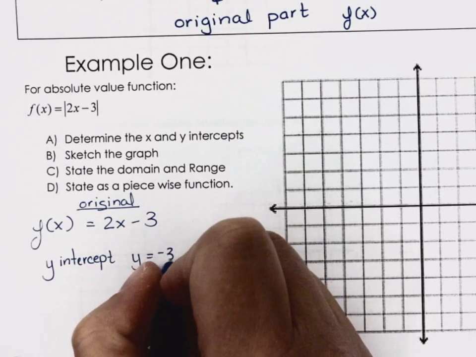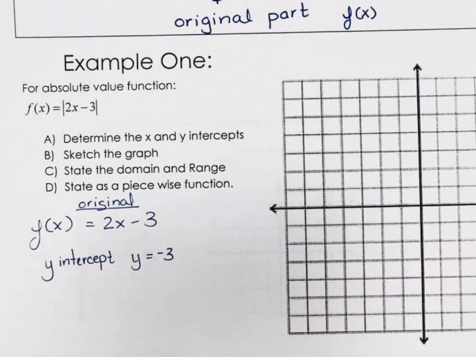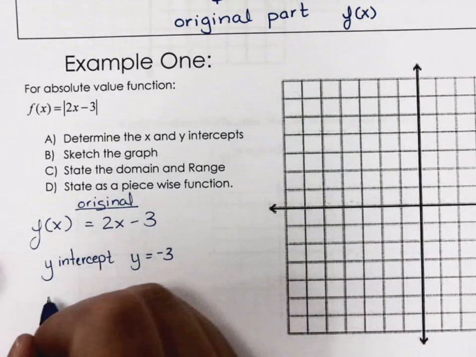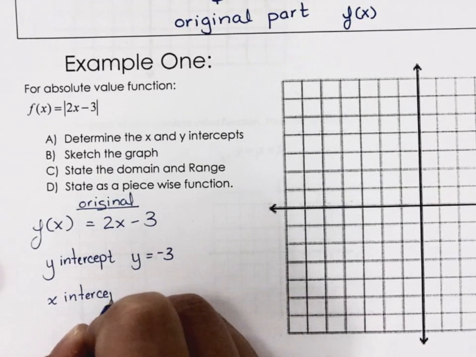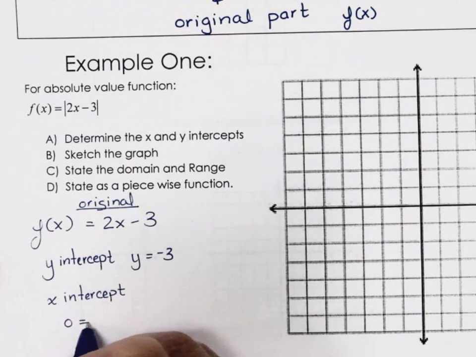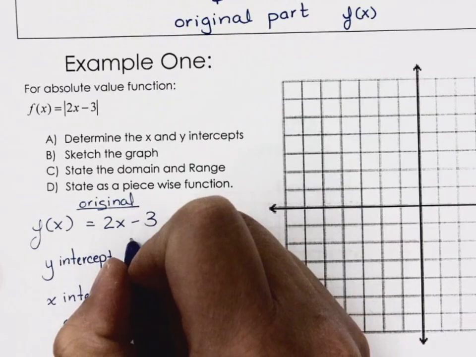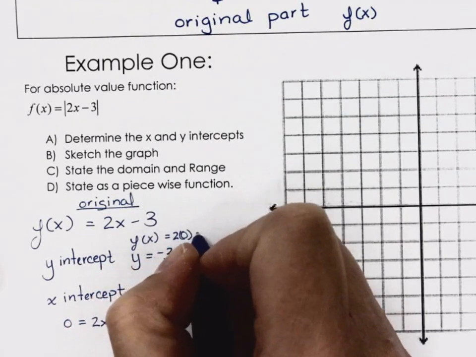Which one was it where we had to flip the sign? It's when you're solving it. So when we're solving for our x-intercept, that would be 0 equals 2x minus 3. And this one would have been f of x equals 2 times 0 minus 3.